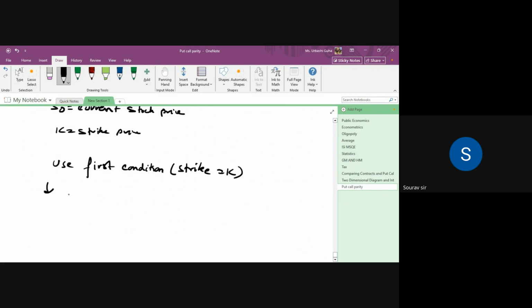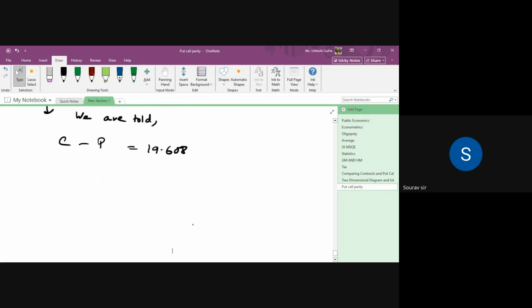So here what are we told? We are told C minus P is equal to 19.608. Right?